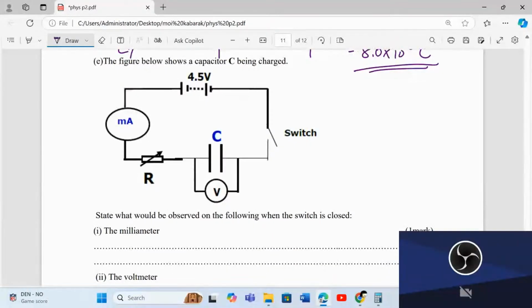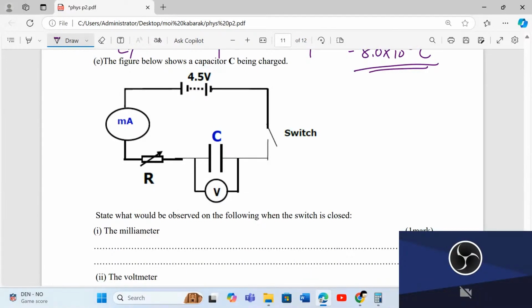What would be observed for the following when the switch is closed? We have that diagram there. Once the switch is closed, we expect current to be flowing. So what will be happening to the milliammeter? At first, it is going to make a very high reading, then it will come back to zero. Why does it come to zero?